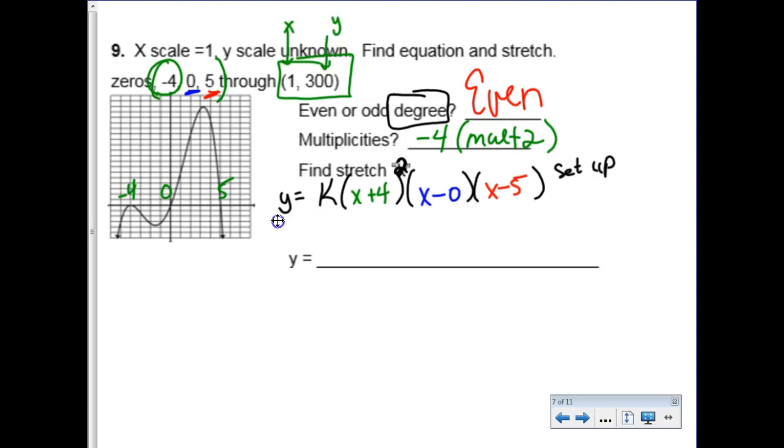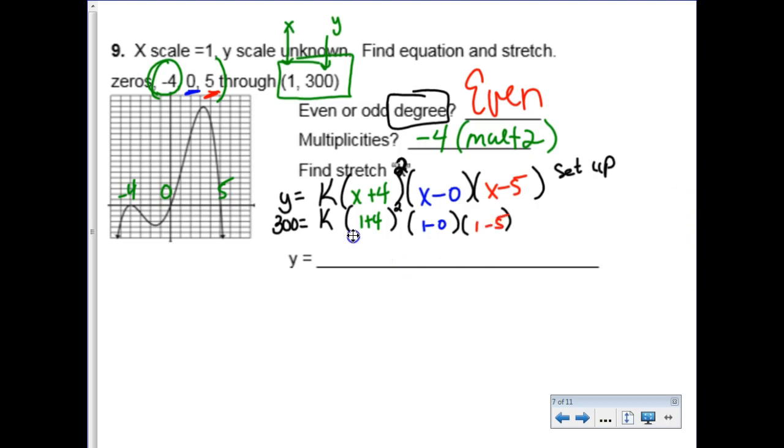There we go. 300 equals, I don't know k. But then x plus 4 would be like a 1 plus 4. Guys, biggest mistake here in this question, the child loses the fact that this quantity is squared. That's 1 plus 4 quantity squared. Okay. And then this factor would be 1 minus 0. And then this factor will be 1 minus 5.